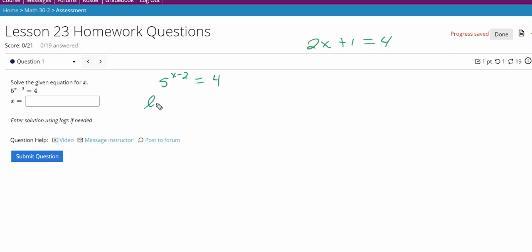I'll write log of 5 to the power of x minus 2. I have those brackets, but you don't really need them. You could just write it like this if you want to, but just remember you're taking the log of that. Then that's equal to log base 10, so I'm not going to write anything, of 4.